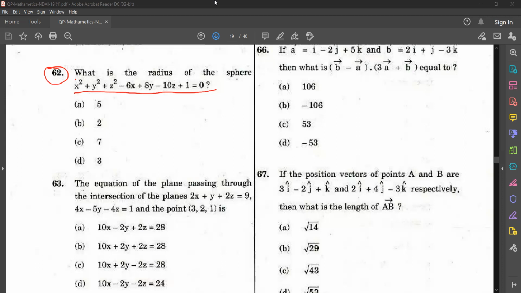Okay, did you get the answer? Anybody got the answer? See, very simple question, direct question.